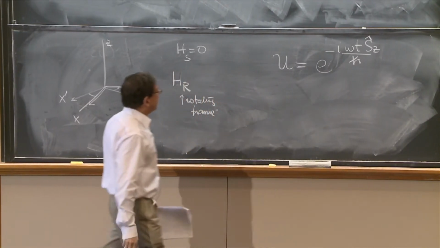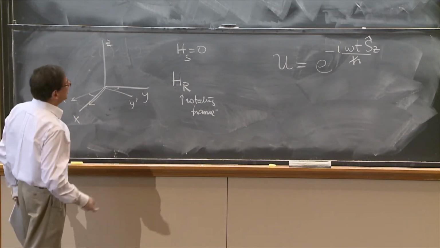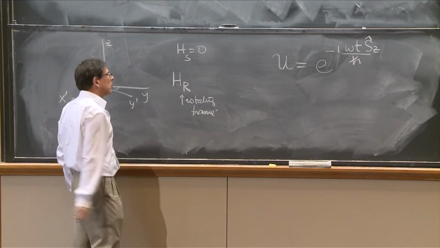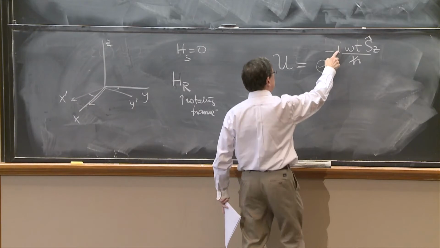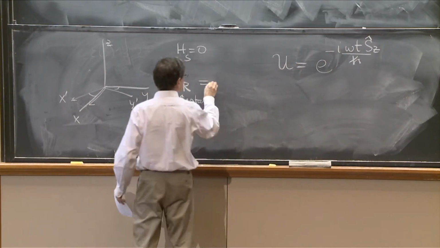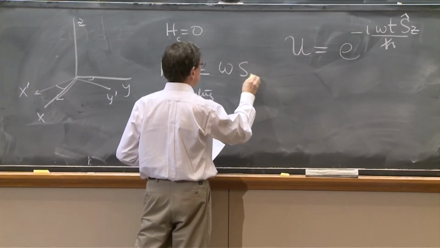This is the operator that rotates spins by omega t around the z direction, which is precisely what you want this Hamiltonian to do. So the Hamiltonian must be e to the minus iHt. So this rotating Hamiltonian must be omega Sz hat.